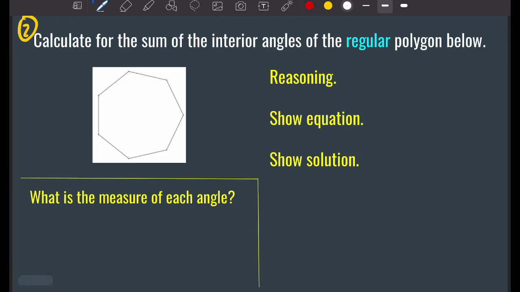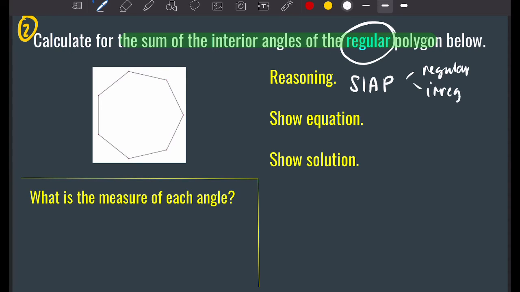Same thing. We are looking at a regular polygon and we are looking for the sum of the interior angles. So again, we are using the sum of interior angles of a polygon. Remember, you can use this for regular or irregular polygons. So again, write your formula, 180 (n minus 2). Now let's count.